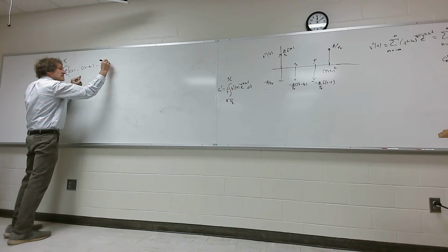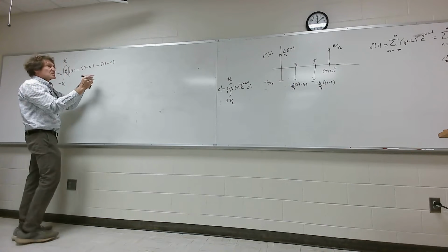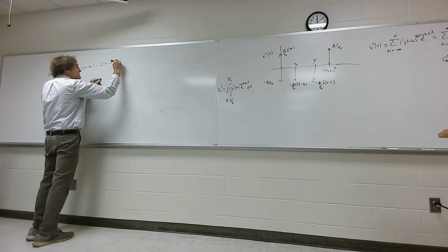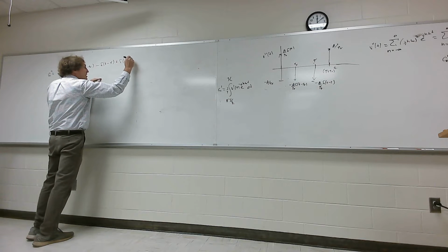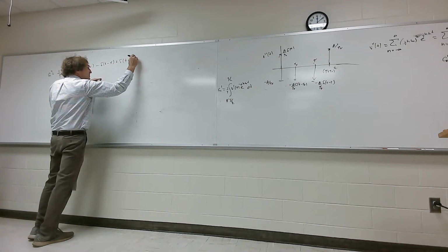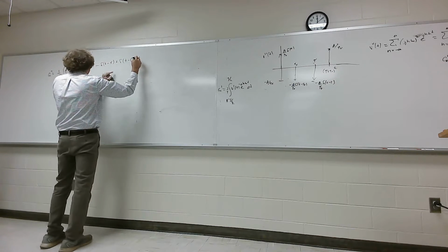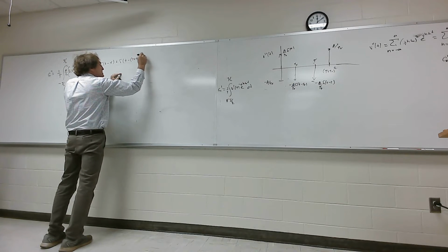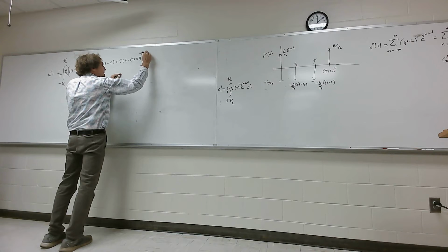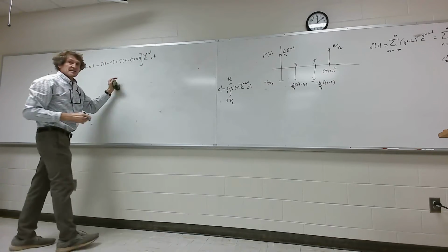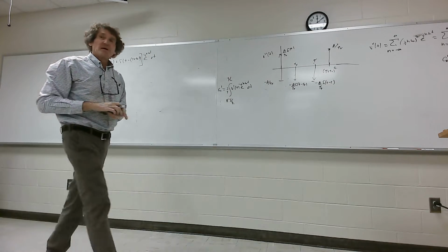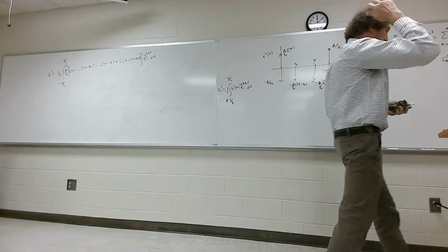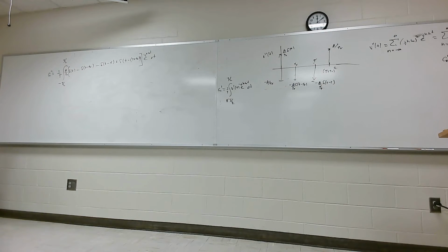T minus tau. Next one turns on at, and it's a plus, t minus quantity tau plus tau rise. And this is all times e to the minus j n omega naught t dt. Take a second, take a look at that and convince yourself. I've just replaced the v double prime with the actual delta function representation.